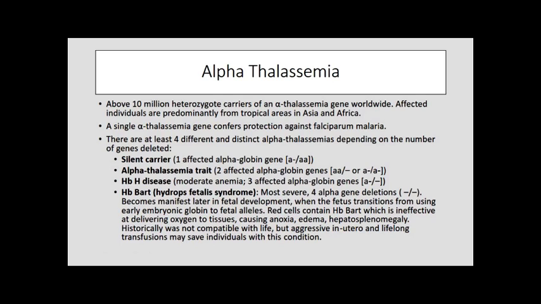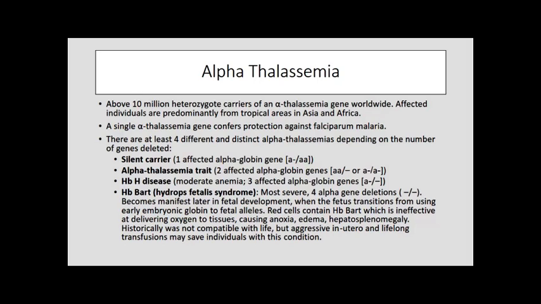And we have to know that depending on how many genes are deleted, remember we have 4 genes for the alpha globin, people are going to have different manifestations. Okay? And there you have the description of how these people look genotypically and how they manifest clinically. For example, if someone has a single gene deletion, there you have the 4 genes, the genotypic description.